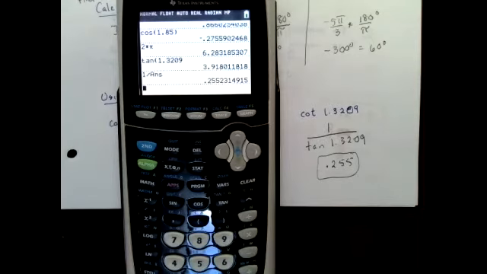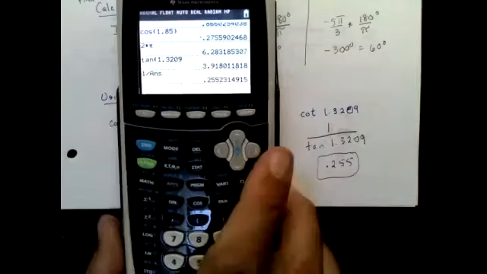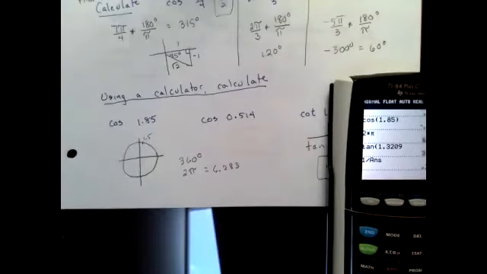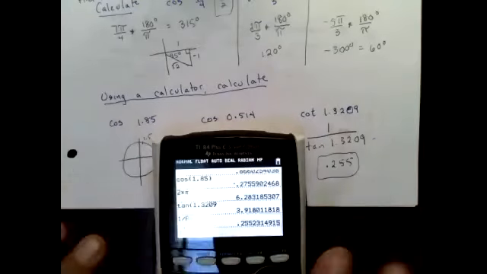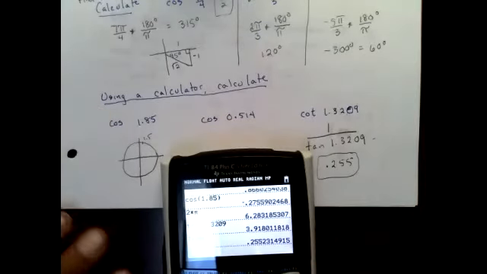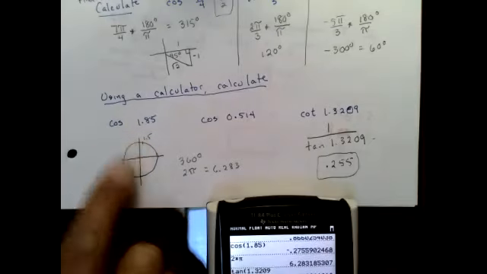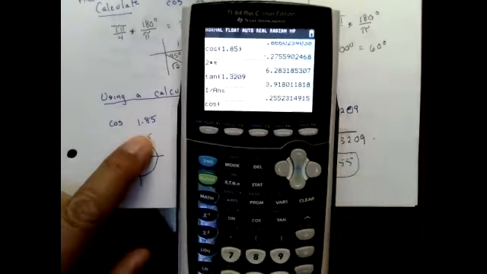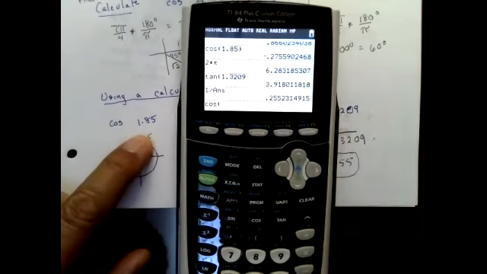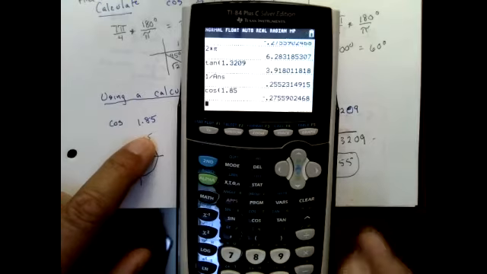Questions? What was the value for the one that's under your calculator? For this one, cosine 0.514. Okay. I never ended up even doing the cosine of 1.85. We just talked about this part. So let's do the first one, the cosine, and remember, I'm in radians. So 1.85 is what I can enter.